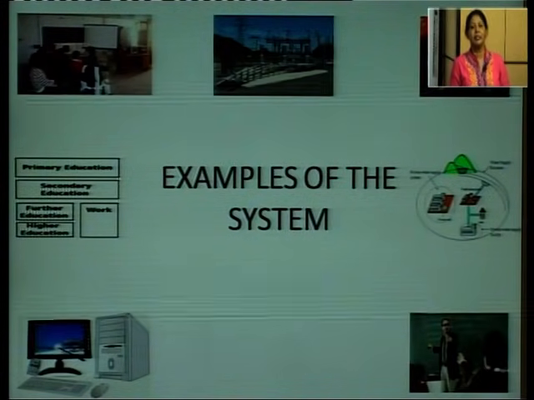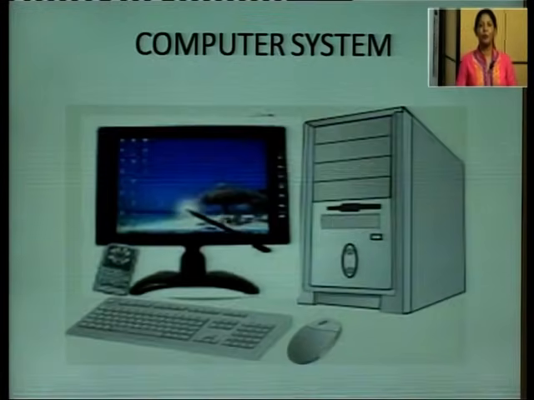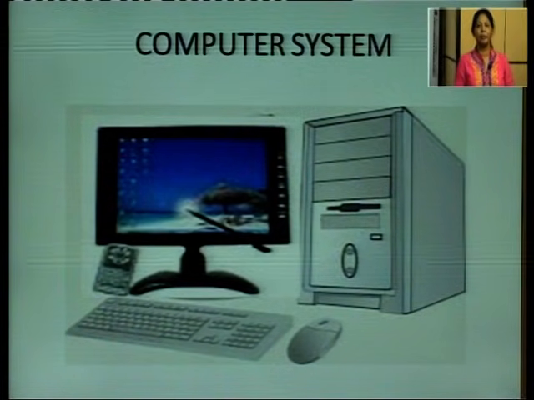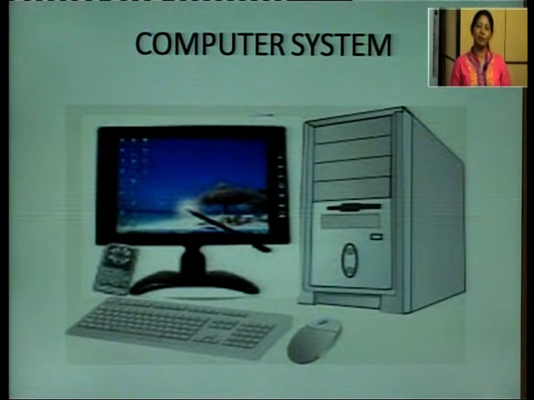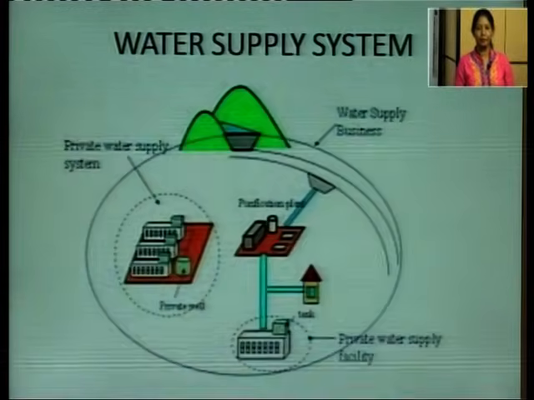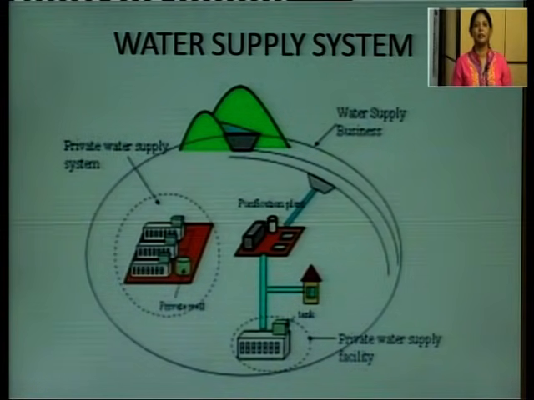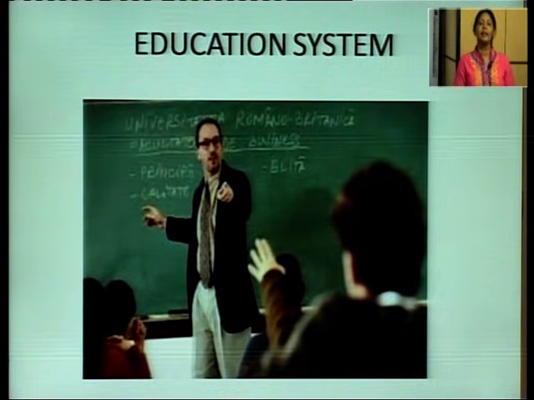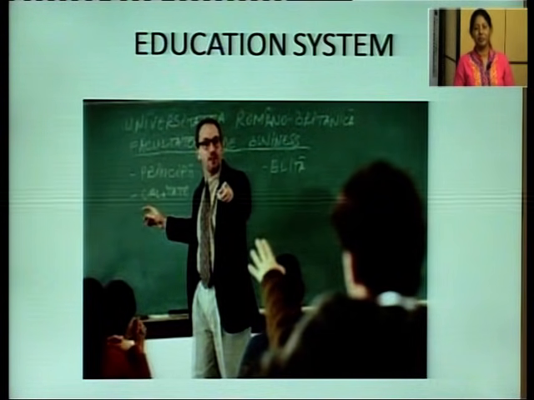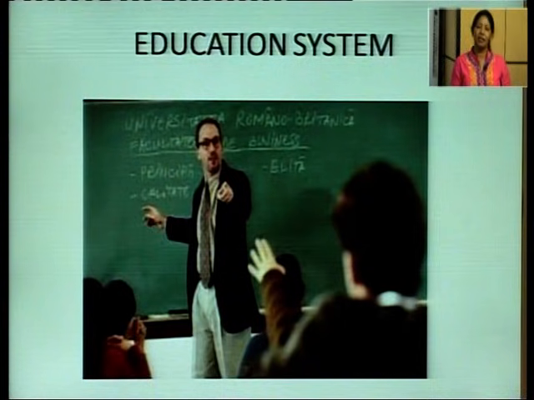So there are some examples of systems. First of all, a common example is your computer system, in which different parts like your CPU, keyboard and monitor make up the complete computer system. Like your water supply system, or your education system, where the teacher gives information to the students and students gain the information.